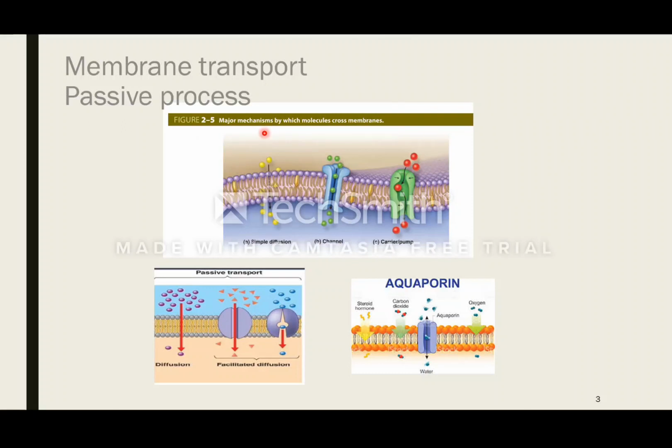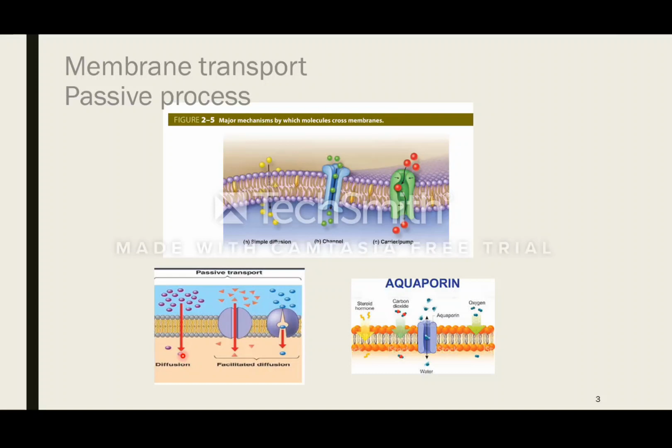This mechanism is for some molecules or ions that are transported from high concentration to low concentration. This process is named diffusion or facilitated diffusion.